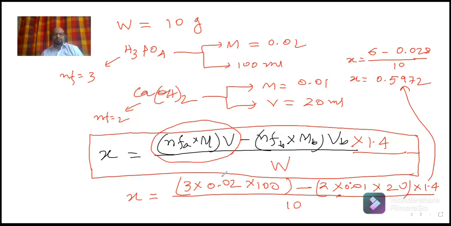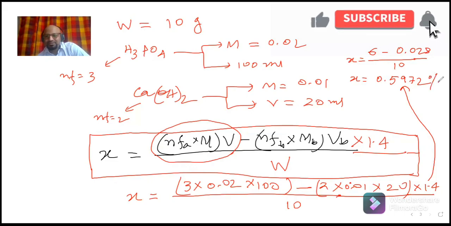So guys, I have done all this calculation with my calculator, and the result is coming out to be X is equal to 0.5972. So this is the percentage of nitrogen present in the sample.